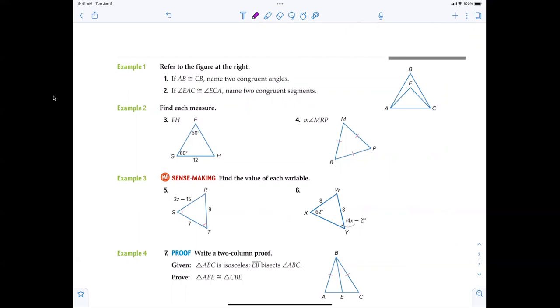Yes, BAC and BCA. Thank you very much for that help. Now, if EAC is congruent to ECA, then the two congruent segments are AE and EC. Those are the congruent sides. Anybody have any questions?